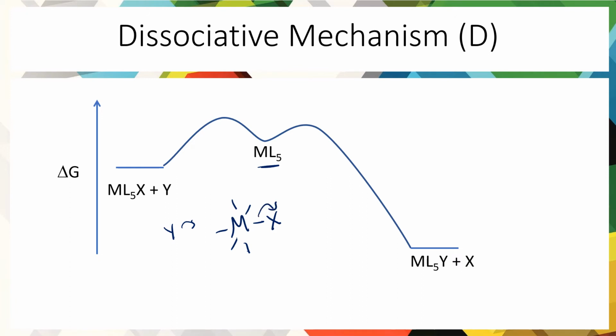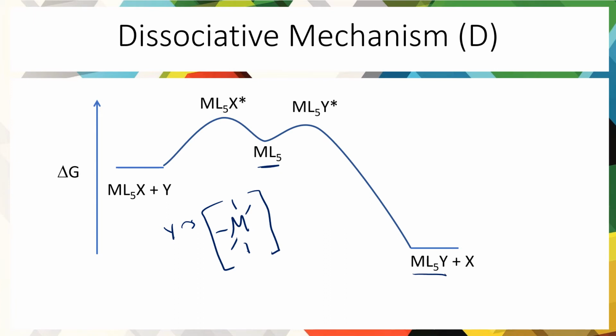So we have temporarily a complex that looks like this. It would certainly rearrange its shape if it has time, but this is our intermediate. At that point, we have 5 ligands, and then Y can associate and bind to that complex.